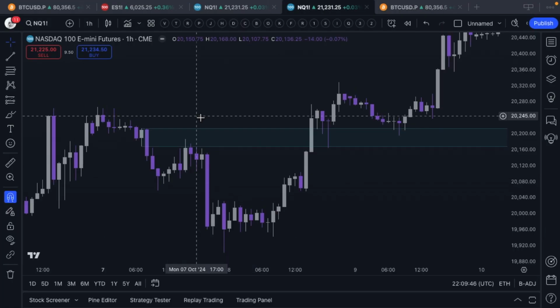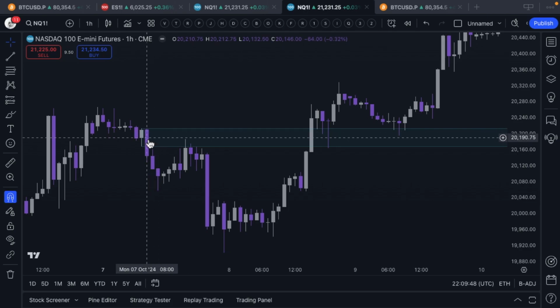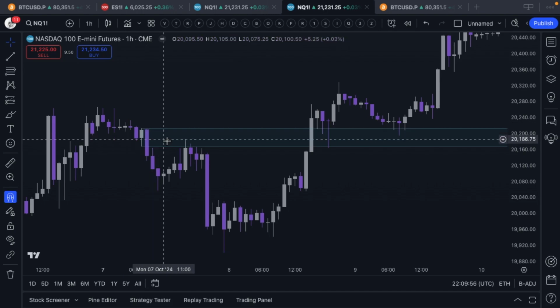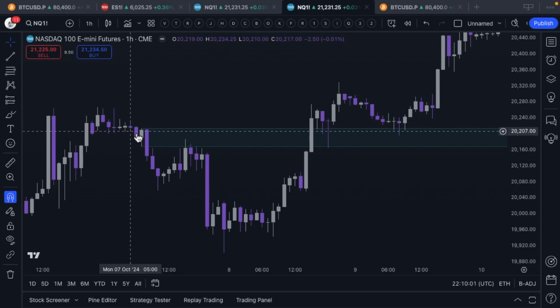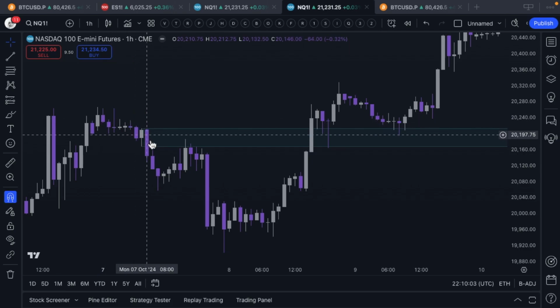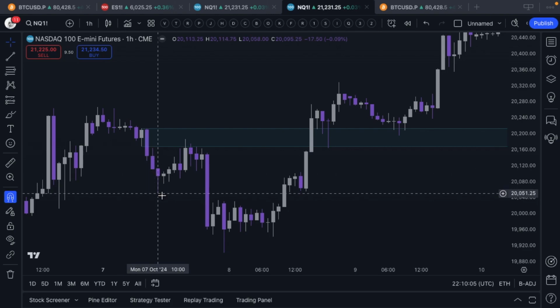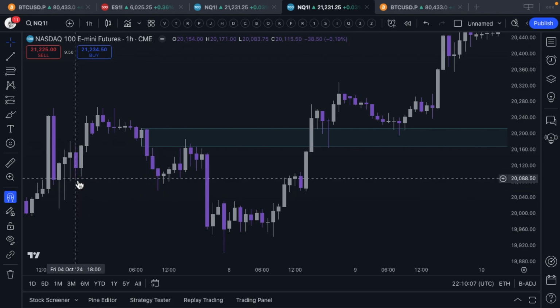The second type here is the NASDAQ now on the 1-hour chart. These work on all time frames, all assets. So this is your classic breaker block, all right? Again, we've got a little push down here, and then all of a sudden we get quite aggressive. Price comes down, takes out this low.